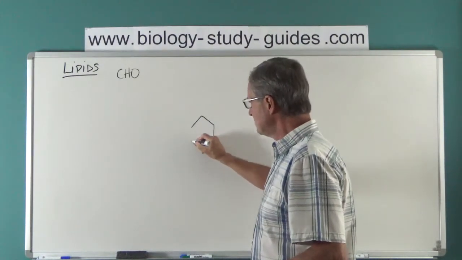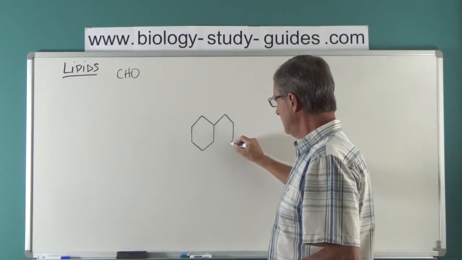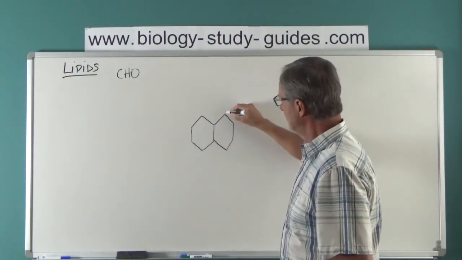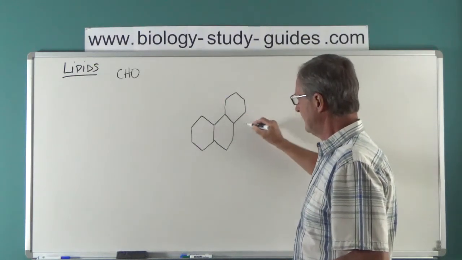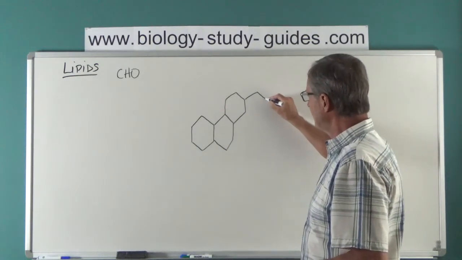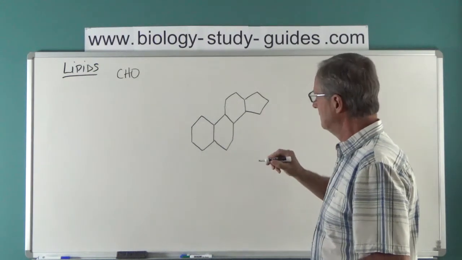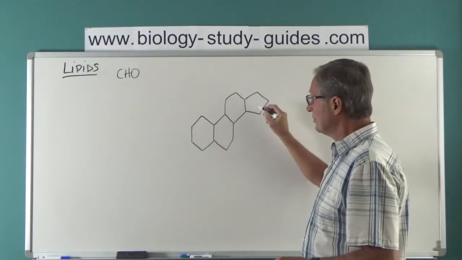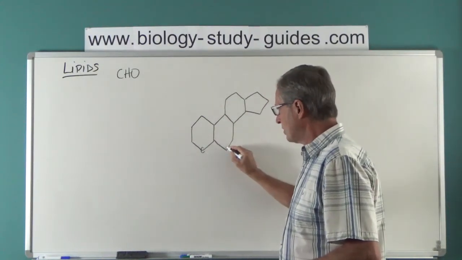So if you see this structure, these are ring structures, and I'll just clarify what that means in a second. Five-cornered ring here, 6, 6, and 6. Every corner here has a carbon on it.